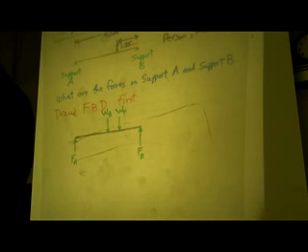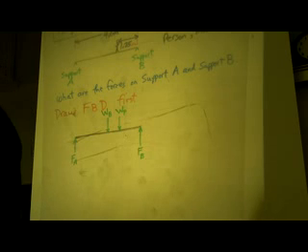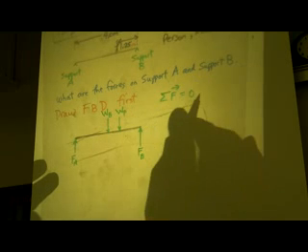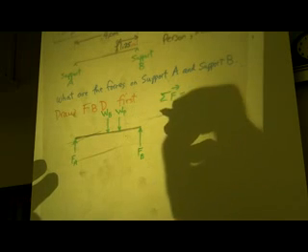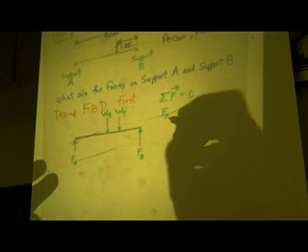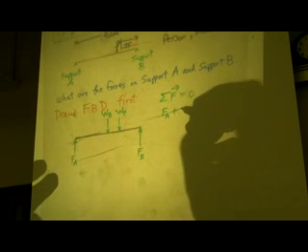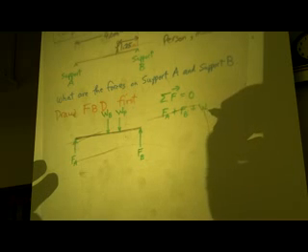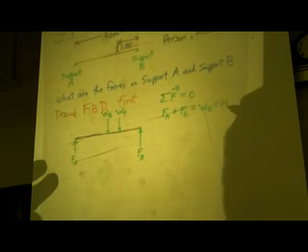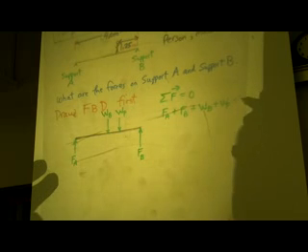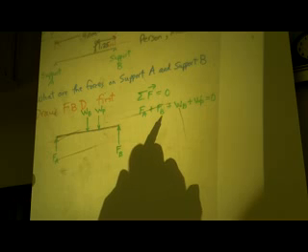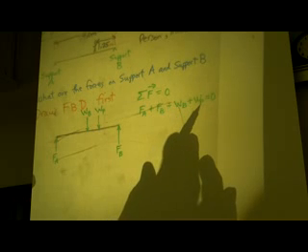There's no left or right or anything. I could say sum of forces equals 0. So the sum of the force vectors equals 0. So FA plus FB plus weight B plus weight P equals 0. This one's a positive force, that's a positive force. That's a negative, that's a negative.